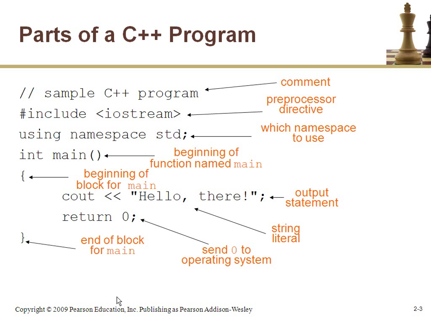It doesn't have any bugs. Let's look at some parts of this program statement by statement. The first line, you'll see // sample C++ program. This is a note to yourself. It's a comment.